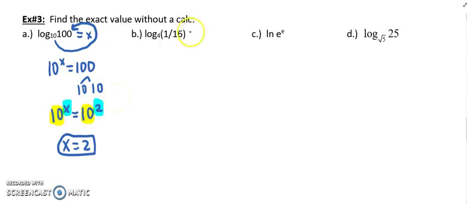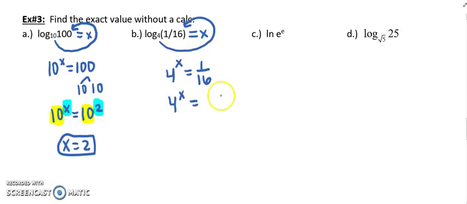Same here. We don't know what this equals, so make it equal to x. It's in log form and you can't do anything with it, so change it to exponential form. So 4 to the x equals 1 over 16. Well, this one's weird, right? I could definitely change my 16 into 4 squared, but this doesn't quite match up. I have 4 to the x and this 4 squared is in the bottom.